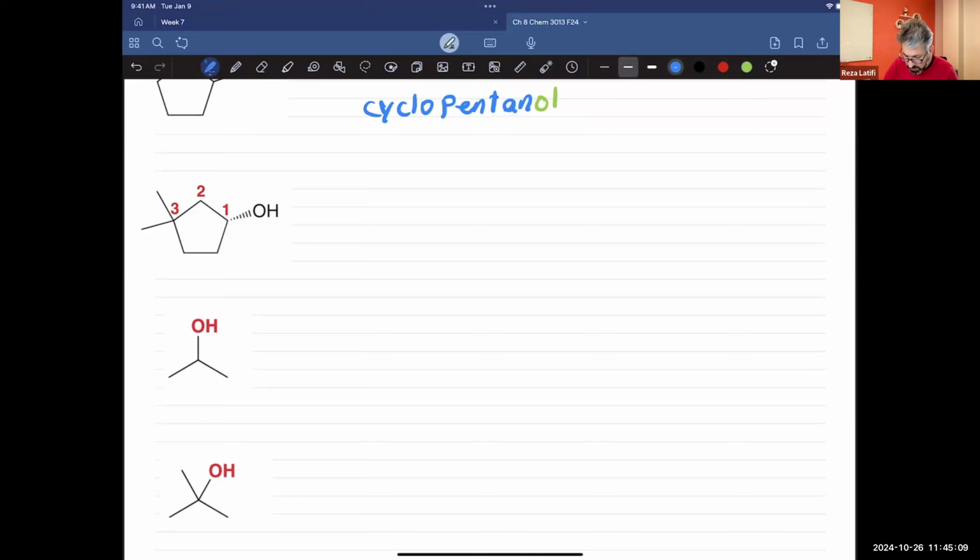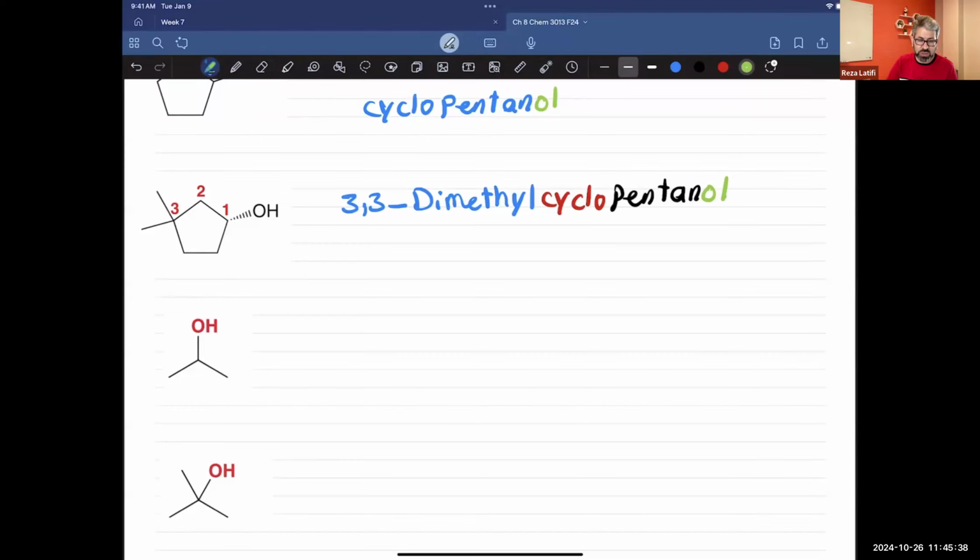The way I'm going to name it, on the third carbon I have two methyl groups, so 3,3-dimethyl. Then I say this is a ring, so cyclo. It's made of 5 carbons, so it will be pentane, and then I say OL at the end.